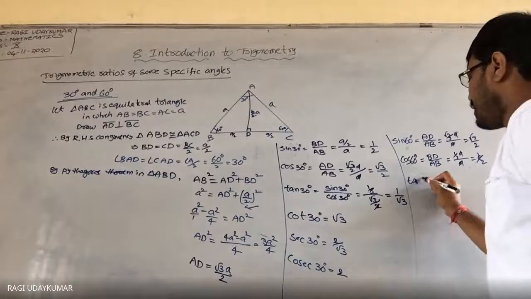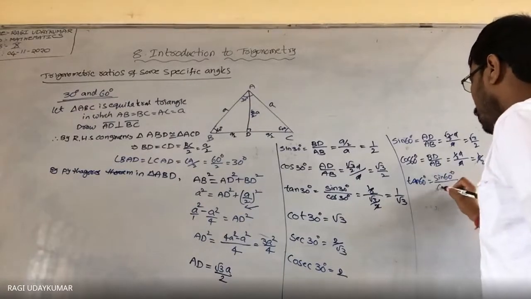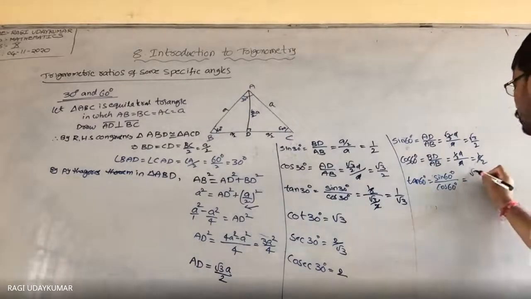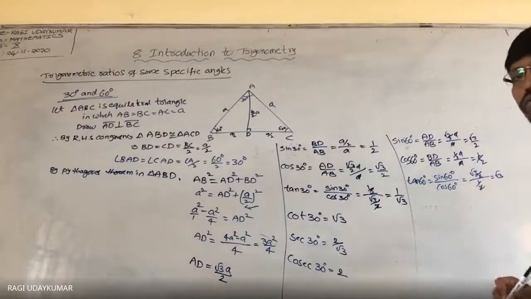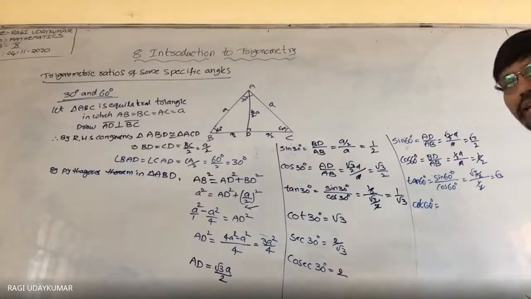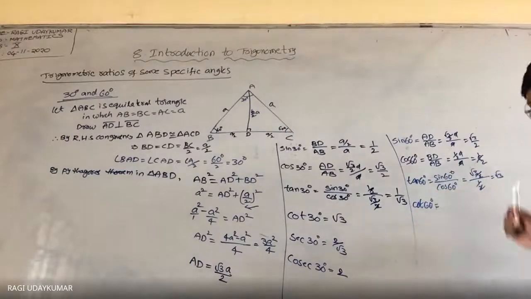So tan 60 degrees value is sin 60 by cos 60 degrees, which is equal to root 3 by 2 by 1 by 2. The 2 will get cancelled. We are going to get root 3. The remaining 3 are reciprocals only. Cot 60 degrees, can anyone say, with the help of tan 60?